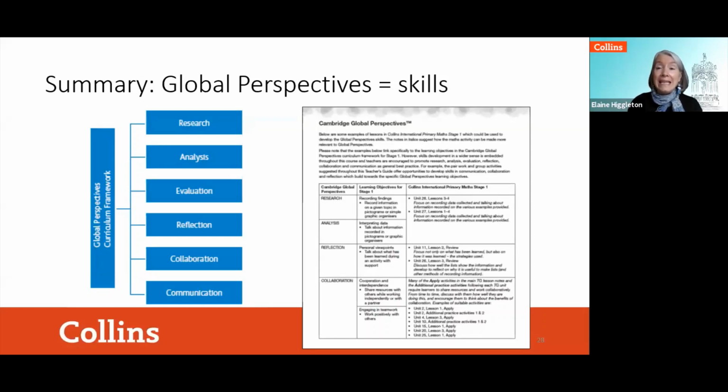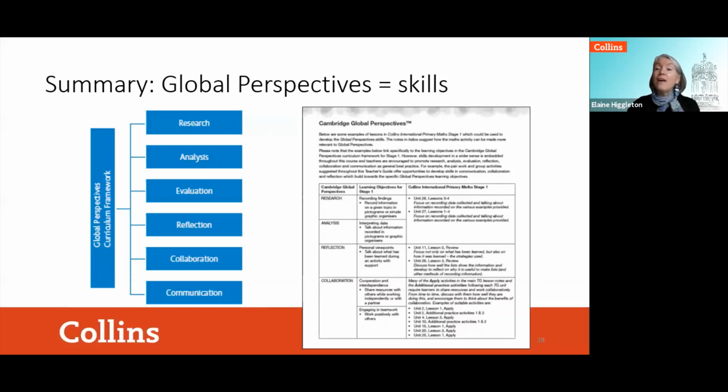What we're saying is, do please be aware that skills around research, analysis, evaluation, reflection, problem solving, critical thinking, collaboration and communication can also be supported in the maths classroom, the science classroom and the English classroom, the L1 and the L2 classroom. These skills don't exist only for Global Perspectives.